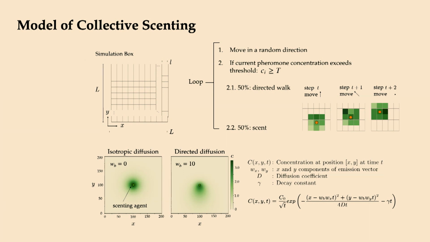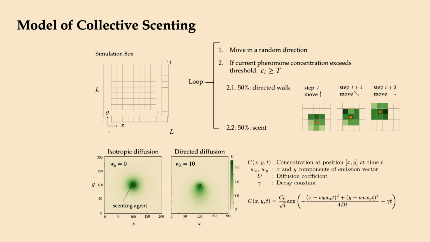And then to try to see if that could explain the aggregation behavior, we created a really simple agent-based simulation where the agents, or spheres, or bees are now just moving in a two-dimensional environment. They tend to move in a random direction until they bump into a cell that has a concentration of signal that is above a certain threshold.